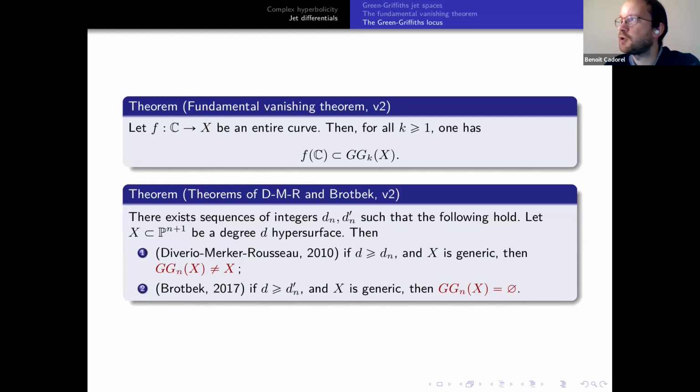But maybe if you want a quick heuristic idea behind it, assume, for example, that your entire curve is given by an elliptic curve. So assume that you have an elliptic curve inside your manifold X. What the theorem claims is that if you take a holomorphic differential equation on X, which vanishes along an ample divisor, then it must vanish identically on your elliptic curve.